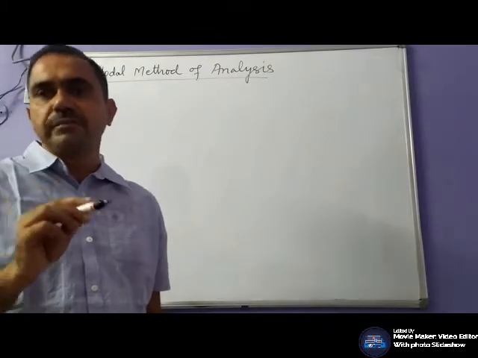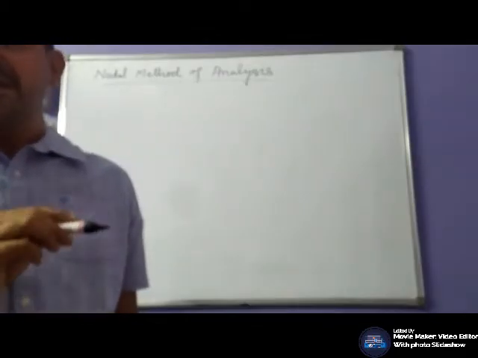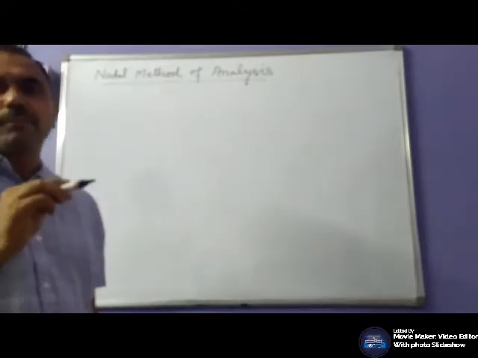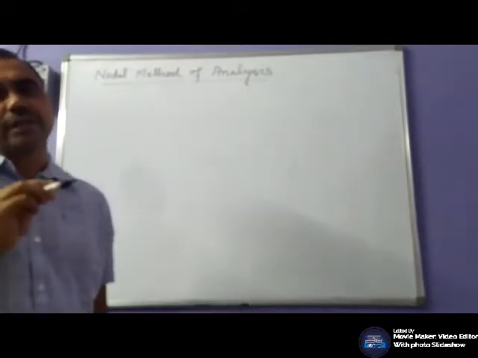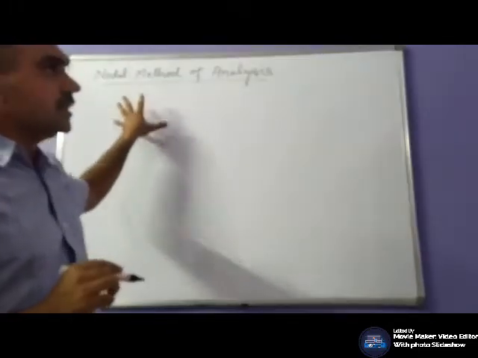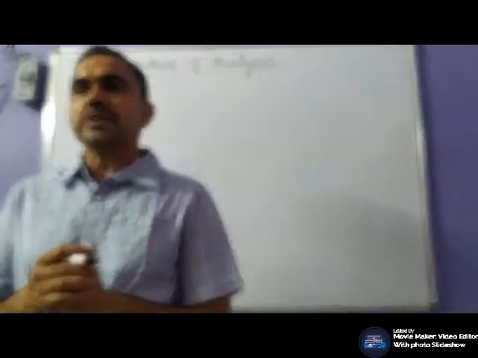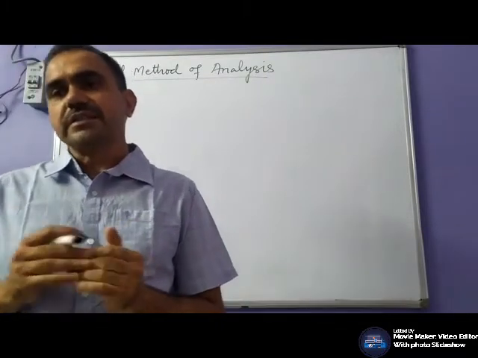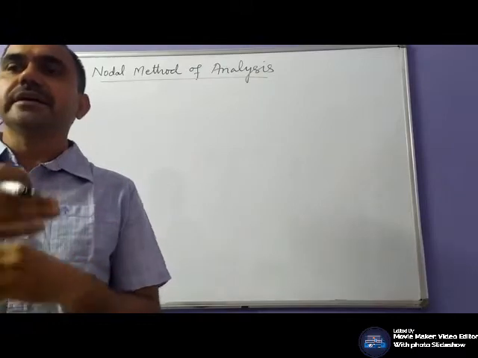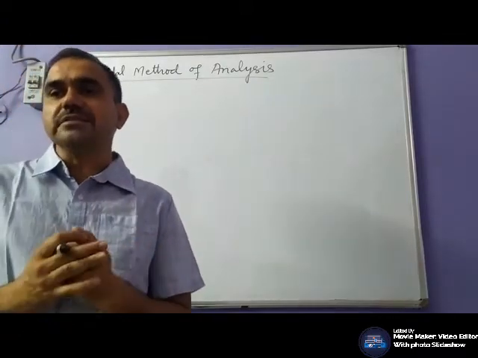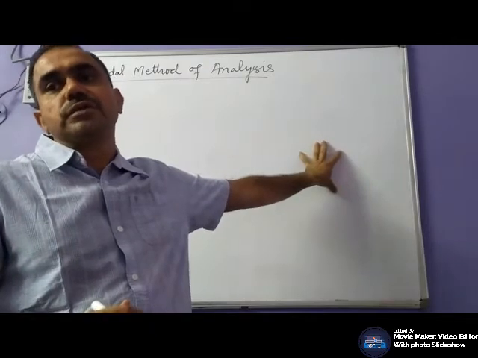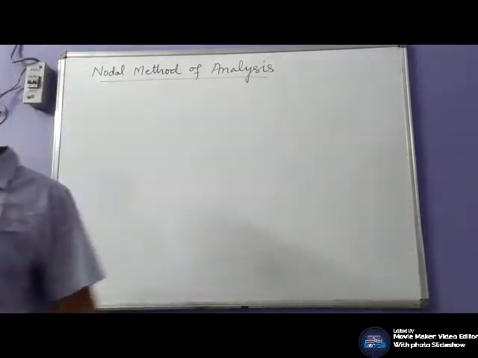In place of having branch currents, we have considered loop currents and we applied Kirchhoff's voltage law. In the nodal method, in place of using Kirchhoff's voltage law, Kirchhoff's current law would be applied and the number of equations for a particular circuit would be reduced. Let us consider a network.